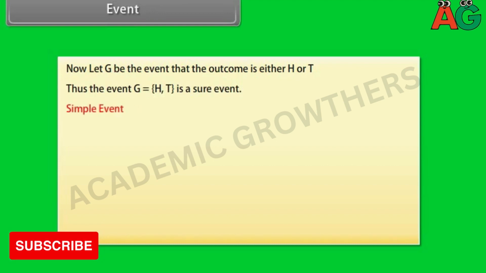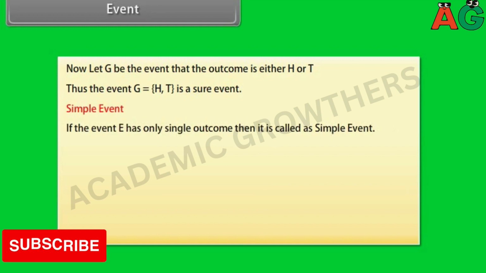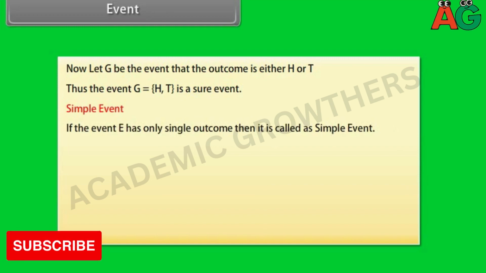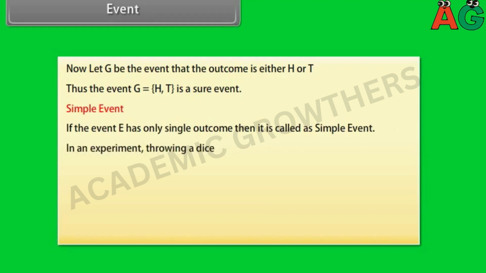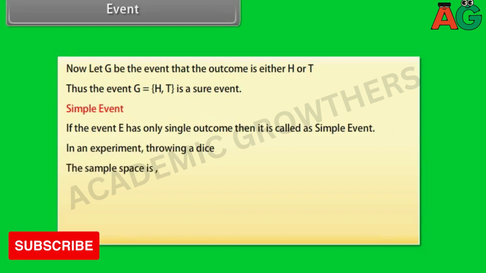Simple event. If the event E has only a single outcome, then it is called a simple event. To understand it, let's take an example. In an experiment of throwing a dice, the sample space is S = {1, 2, 3, 4, 5, 6}.